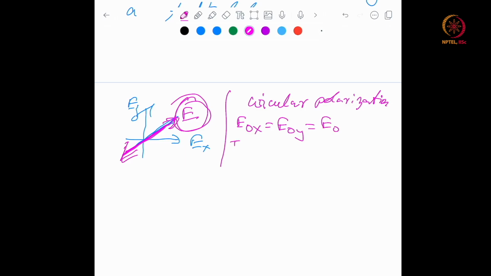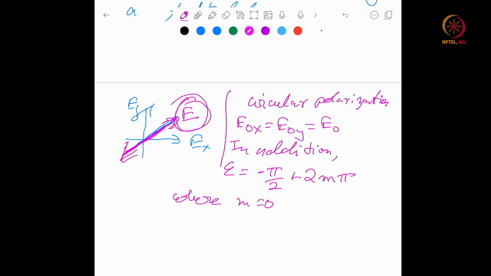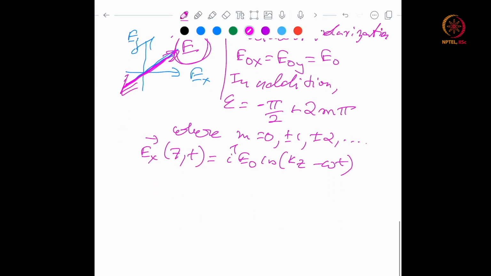In addition, you have epsilon equal to minus pi by 2 plus 2m pi, where m is equal to 0, plus or minus 1, plus or minus 2, and so on. So Ex(z,t) equals i E naught cos(kz - omega t), and your Ey(z,t) equals j E naught cos(kz - omega t - pi/2).